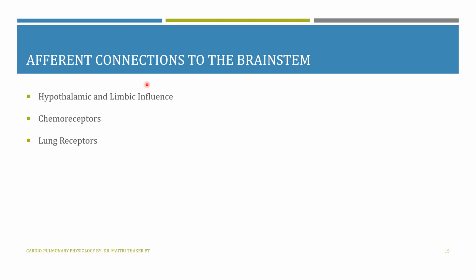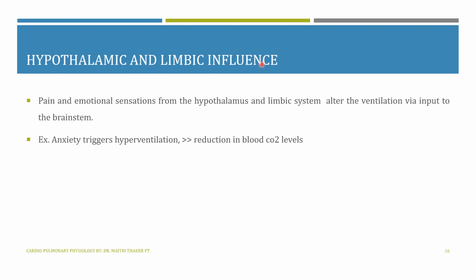Now let's understand the afferent connections to the brain stem. These afferent connections come from the hypothalamic and limbic influence, from the chemoreceptors and from the lung receptors. Let's understand each of them one by one. Hypothalamic and limbic influences.